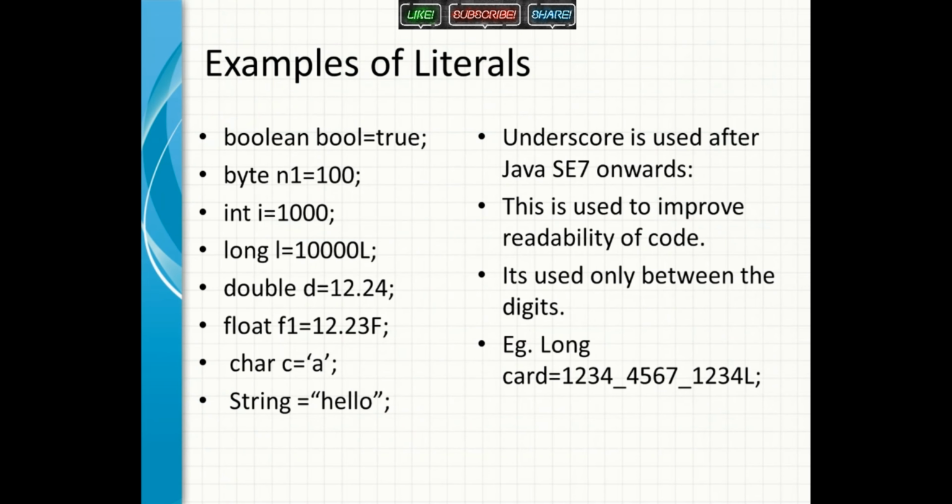Again, I have listed out examples, you can go through each of them here. And apart from this, as I mentioned, the last one is the underscore, which is used from Java SE 7 onwards. This is used to improve the readability of the code.